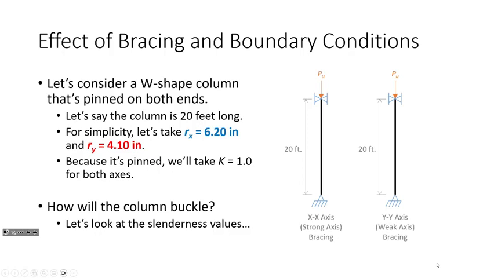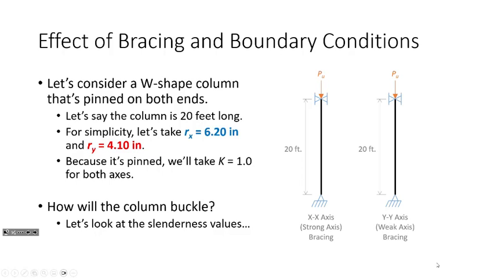It decreases it, right? Now, you found that out in the last homework assignment because you had your graph, you had KL over R over here, you had FCR over here, and then using my sound effect, it does that, right? But what that basically is saying is that as the slenderness goes up, the capacity goes down.